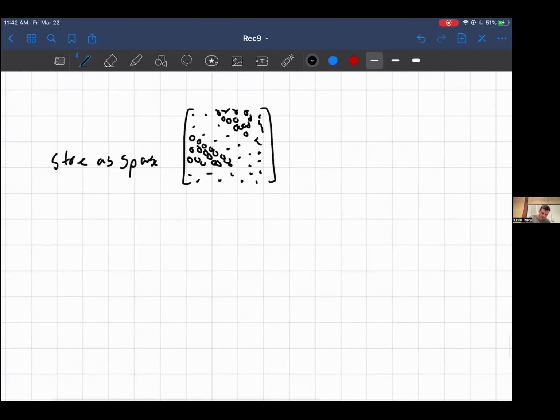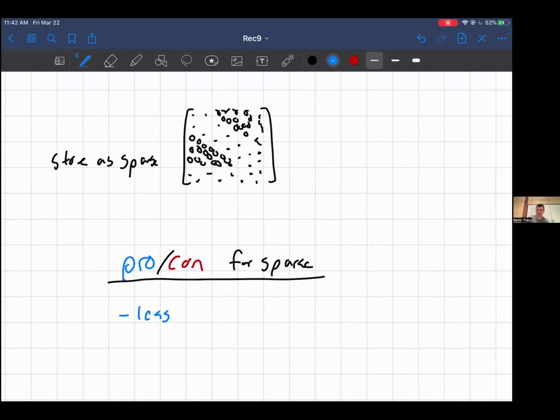So why does this matter? Some sparse pros and cons. Pros: it takes less memory.